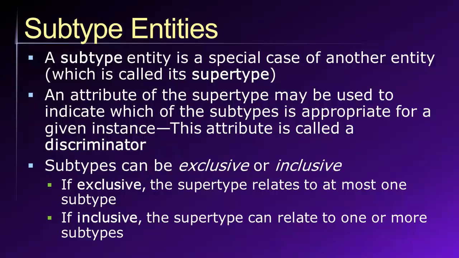In an inclusive supertype-subtype relationship, a given person at our university could simultaneously be a student and an employee of the university. Thus, when a supertype can be related to one or more subtypes, we call that an inclusive supertype-subtype relationship.